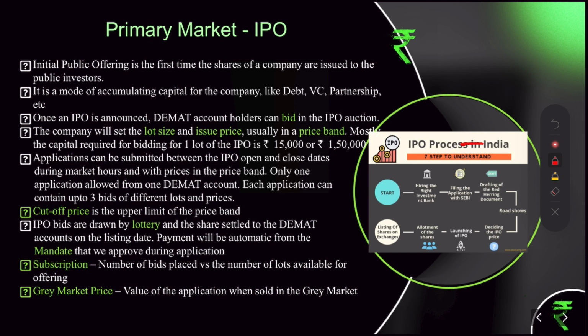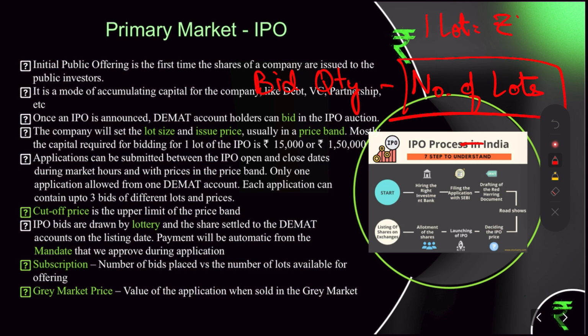So the application process is that you have to mention the bid quantity. All the other details like your bank account details, Demat account details will be taken automatically by your broker. You don't have to mention them. You just have to mention the bid quantity in number of lots. As we discussed, lot size comes into play here. Usually one lot will be worth 15,000 Indian rupees.